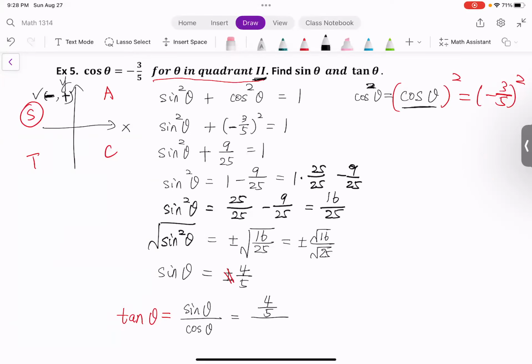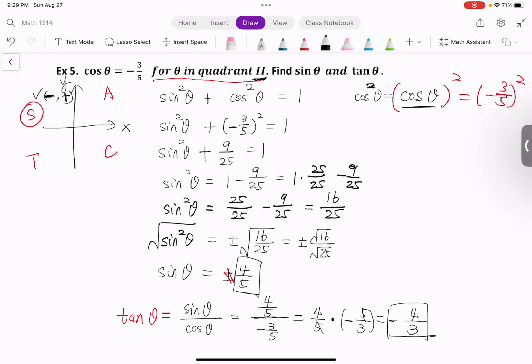Cosine theta equals -3/5. All right, for the division between two fractions, we keep the top fraction 4/5, then change the division line to multiplication. Flip the bottom fraction, 5/3. Then do the multiplication. We have the 5 canceled, and we get -4/3. This is the solution for the tangent theta. So we solved this one.